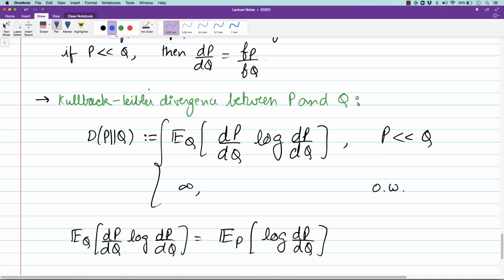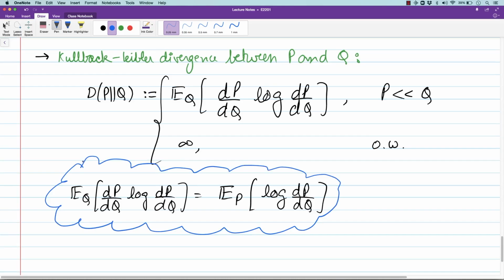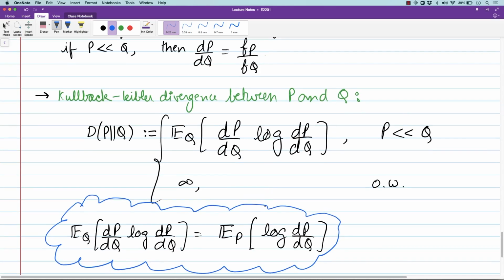That's the general definition, and you can check based on the examples I just gave that for the discrete case this becomes the standard summation of p(x) log p(x)/q(x), and for the continuous case it becomes the integral of f_P(x) log f_P(x)/f_Q(x).